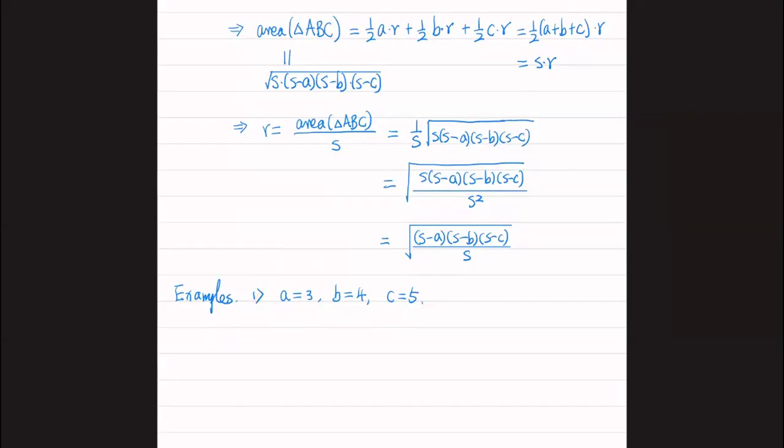Jessica, Amy, do these sound familiar? Like a squared plus b squared equals c squared. Okay, so this gives us a right triangle, with 3, 4, 5. Okay.